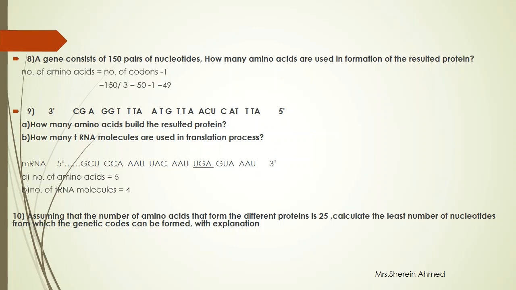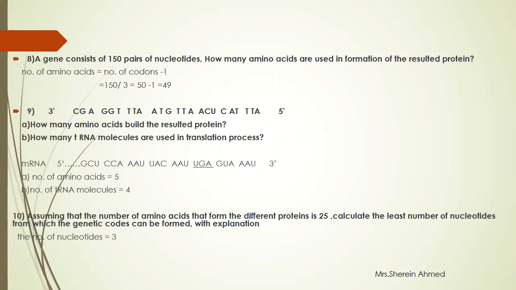Assuming that the number of amino acids that form the different proteins is 25, not 20, as you know, calculate the least number of nucleotides from which the genetic code can be formed. You know that the genetic code is triplet. The code consists of 3 nucleotides to give 64, which is more than enough for 20. Let's see. I think the number is, yes, this is correct. The number is 3.